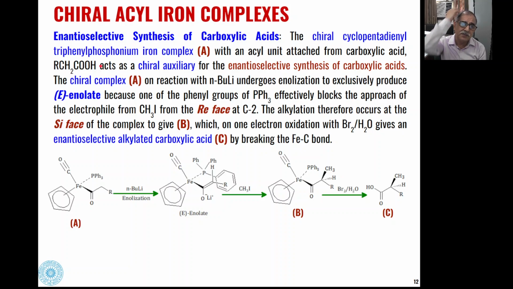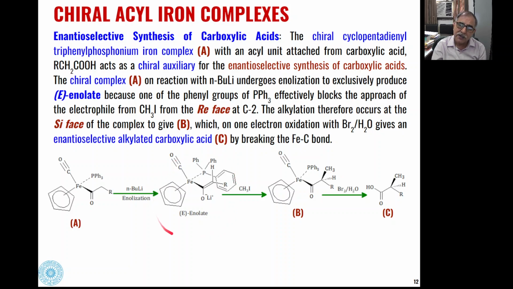The next methodology is the use of chiral acyl iron complexes for the synthesis of alpha substituted carboxylic acids. So when this chiral cyclopentadienyl triphenylphosphine iron complex is reacted with n-butyl lithium, the hydrogen present at these carbons is acidic, and enolization will take place at this.